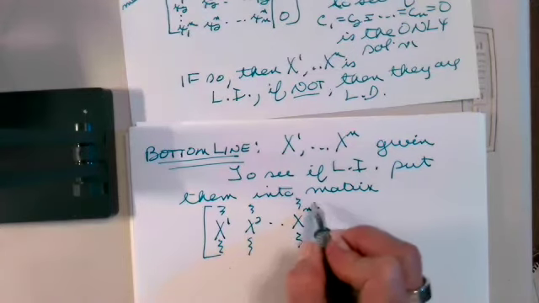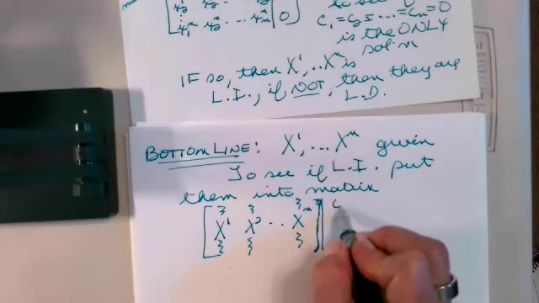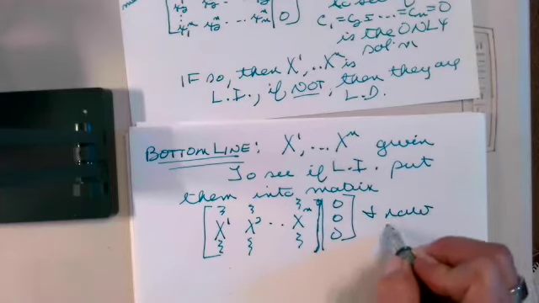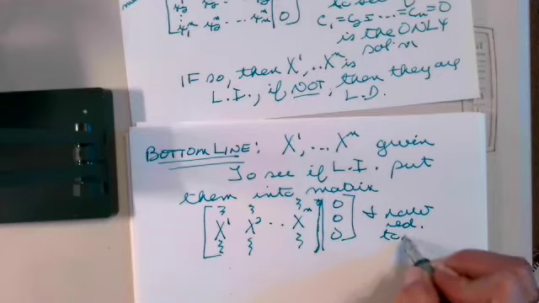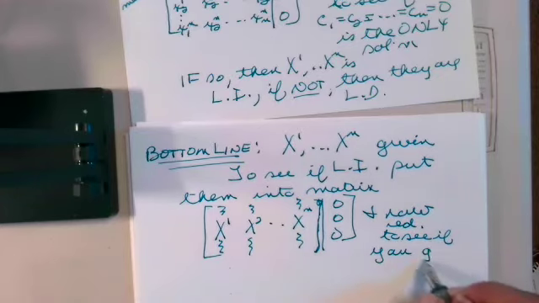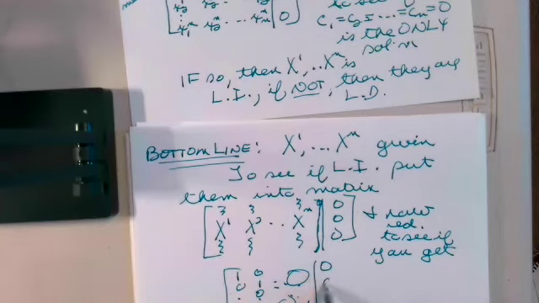Then you put in a column of 0, 0, 0, and row reduce to see if you get the identity matrix, with ones along the main diagonal and zeros everywhere else, and the last column will always stay zeros.